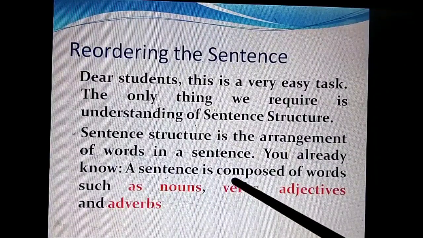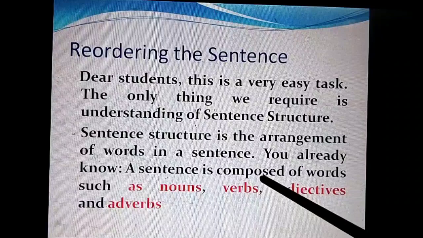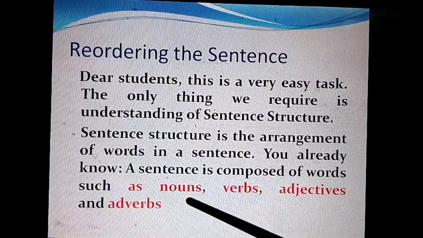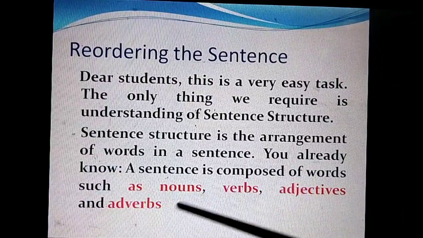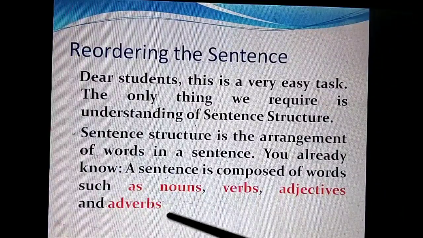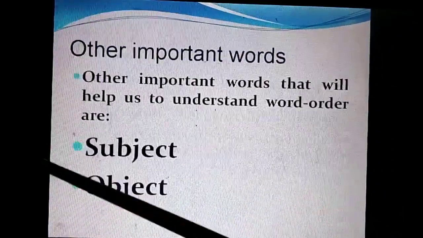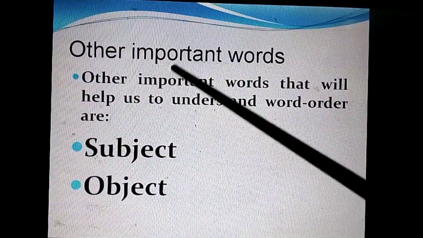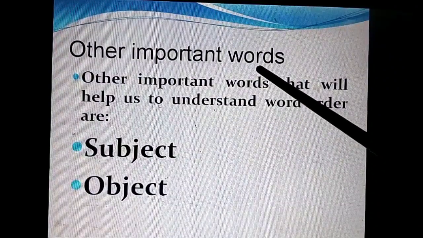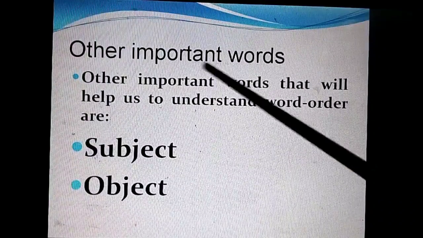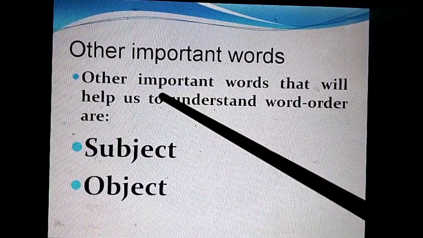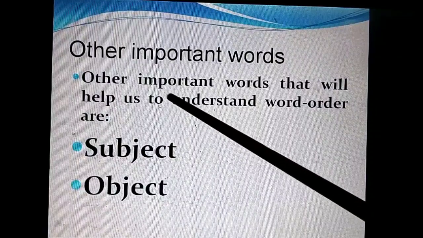You already know the sentence is composed of words such as nouns, verbs, adjectives, and adverbs. Other important words that will help us in understanding the order of the words, and if the order is missing, then we can put them right.